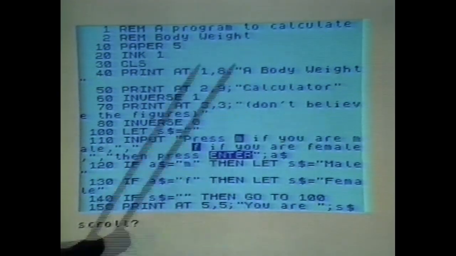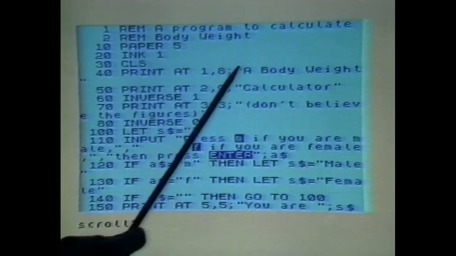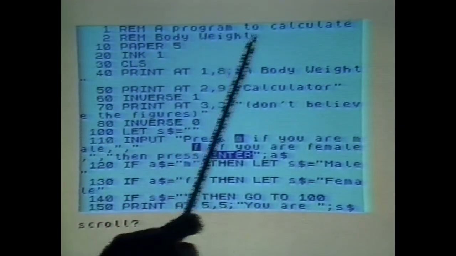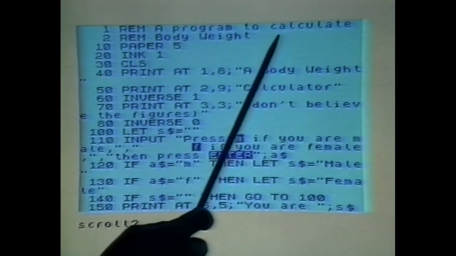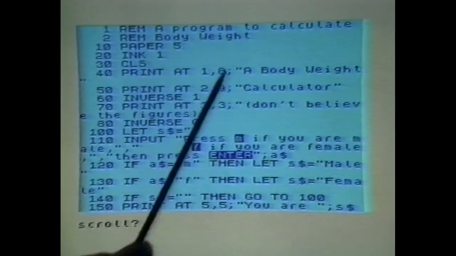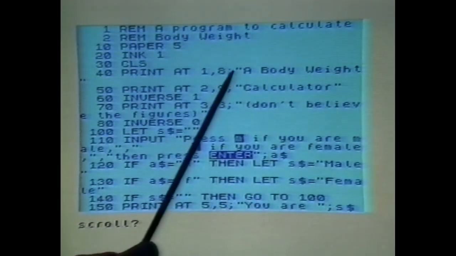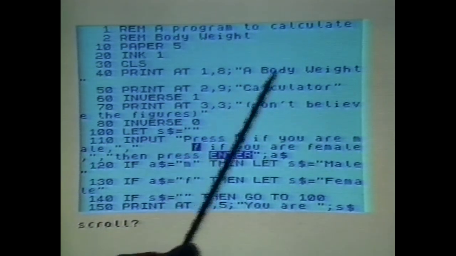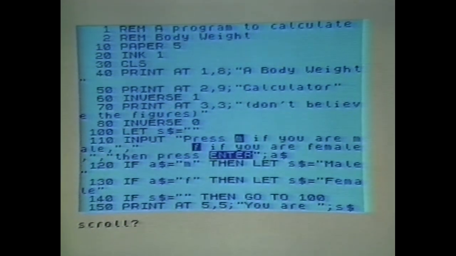So a body weight, which I've put inside quotation marks, will be printed along that part of the screen. Anytime that we want to print fixed information, information that's never going to change, we can simply put quotation mark there and a quotation mark there. Whatever we put between those quotation marks will be printed.